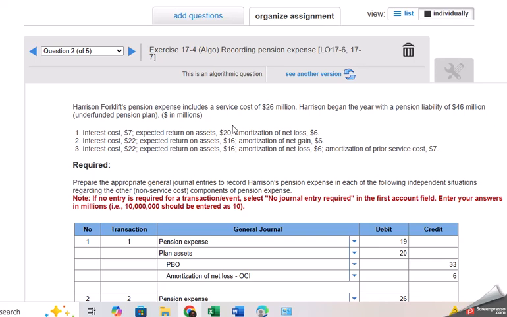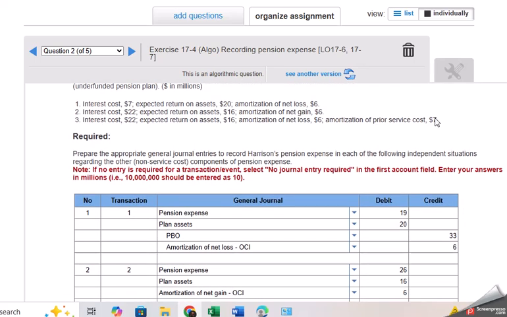Then these other things either increase the pension expense or decrease it. And then they have a $46 million underfunded plan, which means the liability is more than the plan assets. So we have the interest cost of $7 million, and that interest cost increases our pension expense.